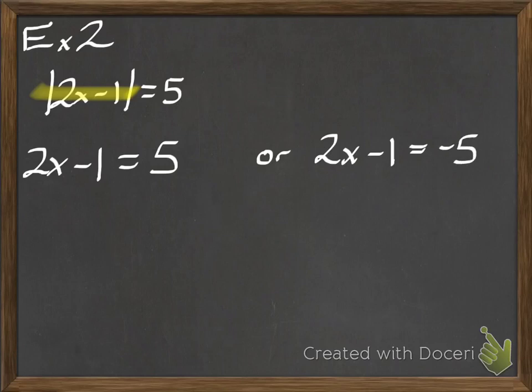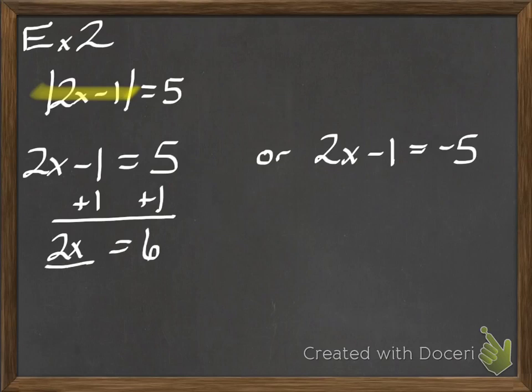So we have two equations we have to solve. What's nice is they are very similar in solving. We're going to add 1 to each side, and we end up with 2x is equal to 6. Divide by 2, and x is equal to 3.